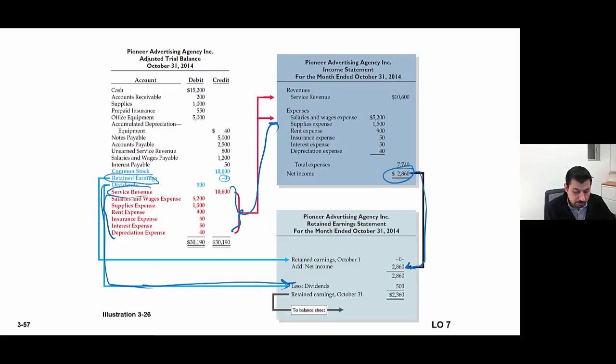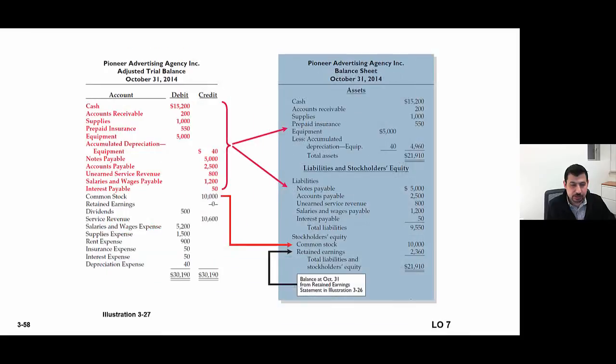But basically we get the retained earnings beginning balance from the adjusted trial balance, we get the dividends from the adjusted trial balance, and we get the net income from the income statement here. Once we calculate the ending balance of retained earnings, we use it for the retained earnings under stockholders' equity.